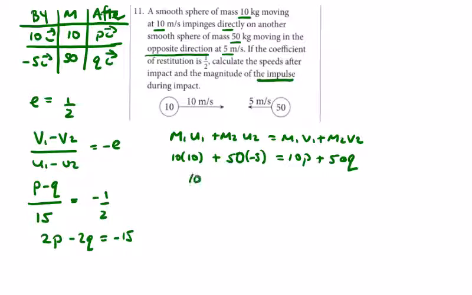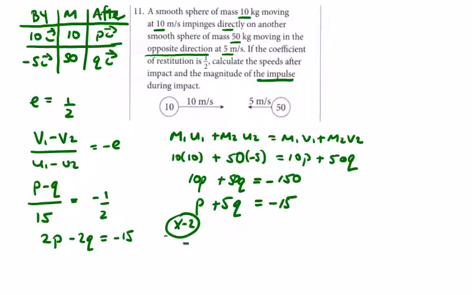So we're going to get 10P plus 50Q is equal to 100 minus 250, minus 150. So I can divide by 10 anyway, and I get P plus 5Q equals minus 15. And then multiply it by minus 2 to get minus 2P minus 10Q equals 30.